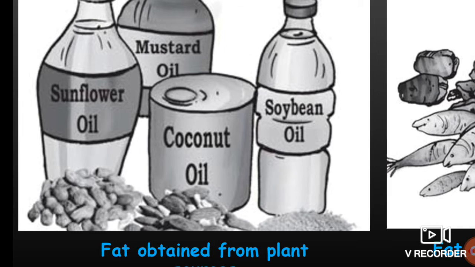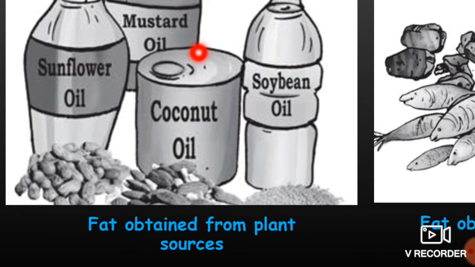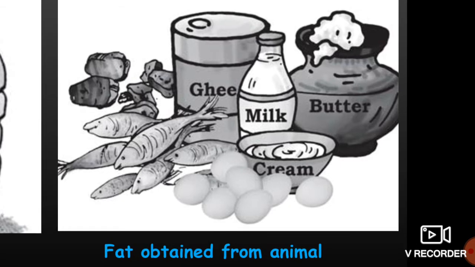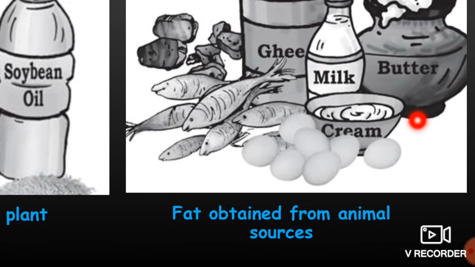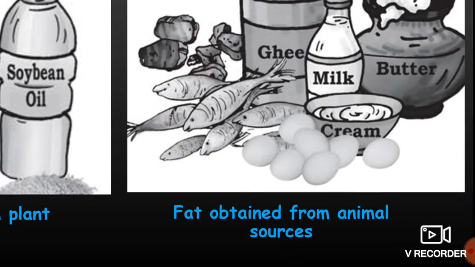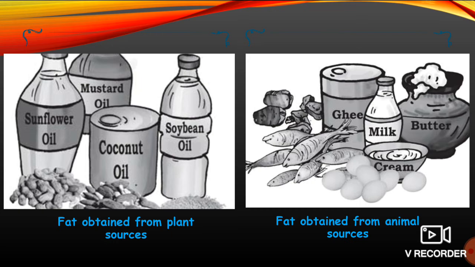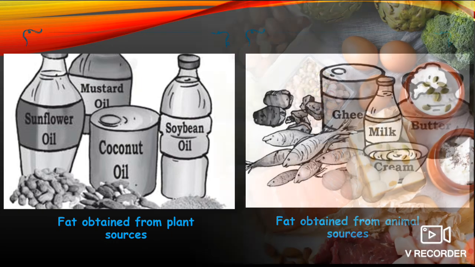Any kind of oil, like mustard oil, sunflower oil, coconut oil, soybean oil, these are plant sources of fats. Here you see the fats which we are getting from animals, like butter, milk, ghee, cream, fish, chicken, meat products, egg, everything from animals. These are the two sources from where we are going to get fats for our body.